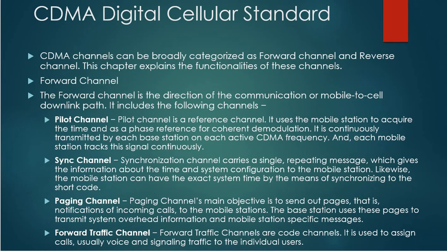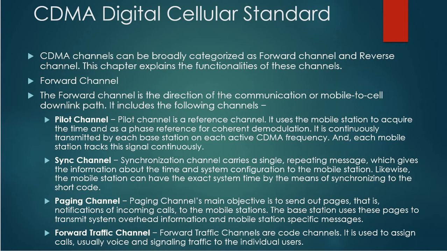So it sends out the pilot channel, a reference channel transmitted continuously from the BTS, the base transceiver station. Our mobile stations track these signals continuously. So this is the pilot channel.